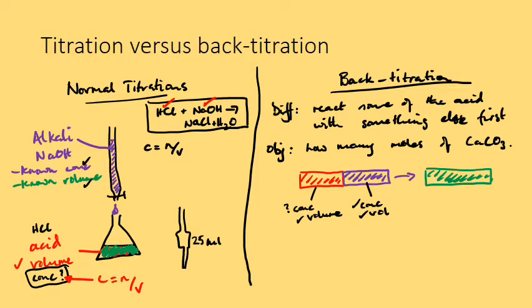In this case, in a back titration, we're going to know the concentration and the volume of the acid. We're going to know the concentration and the volume of the alkali. So that's good, but what we're going to do is react some of this acid first with the tablet, or at least the active ingredient in the tablet.